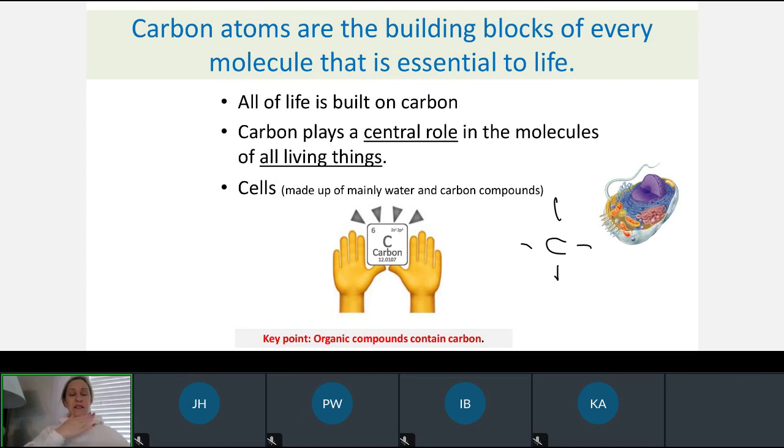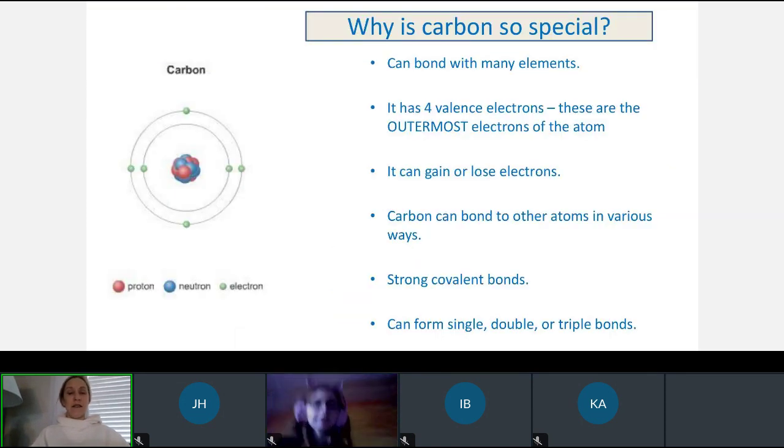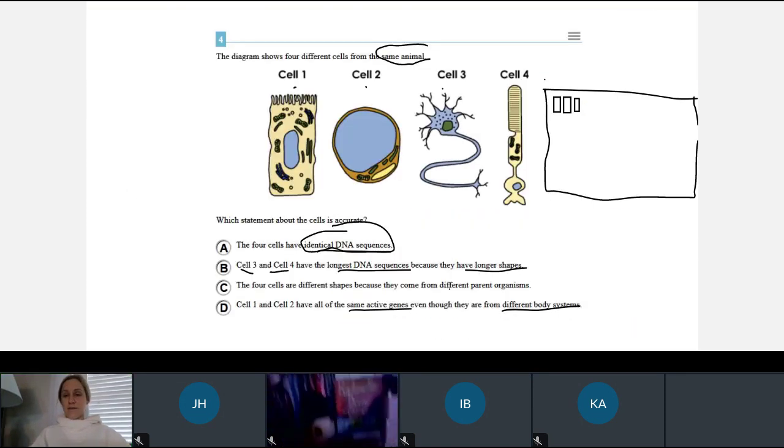And it's a part of all of the things: proteins, which we need for all life functions; carbs, which give us energy; our nucleic acids, which are part of our DNA; and our lipids, fatty things like oils that make up our cell membranes and protect. Carbon, carbon, carbon. It is a molecule that identifies living things.